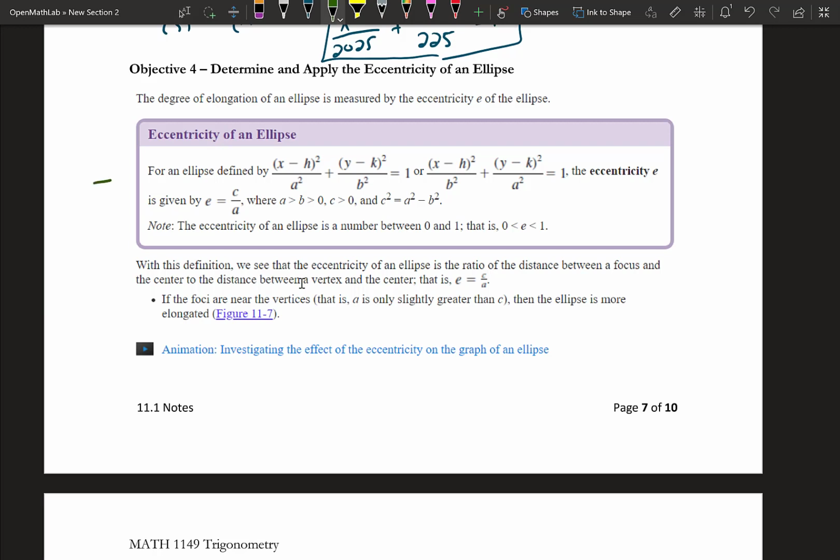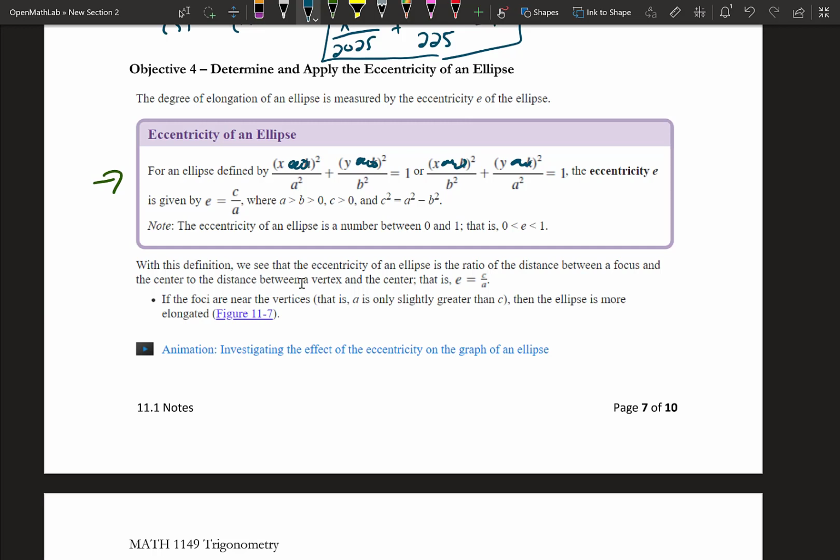So in this table, we have the equations. But since we're not discussing anything about the center (h, k), we're doing everything about the origin, you can ignore these parts. It's just x squared over a squared plus so forth.